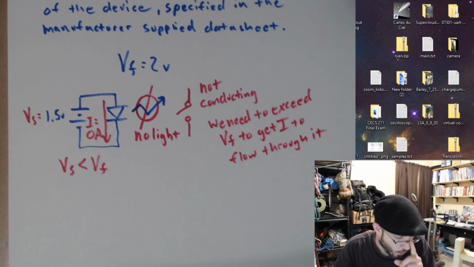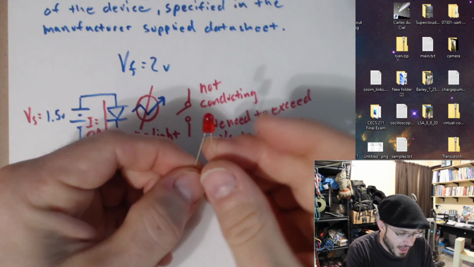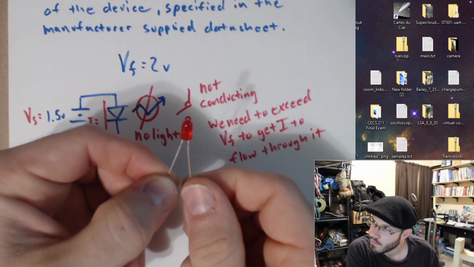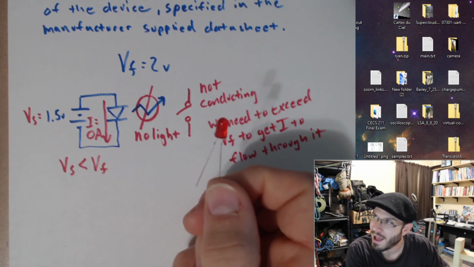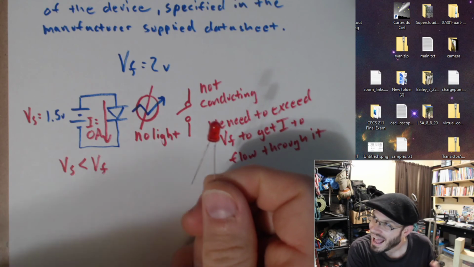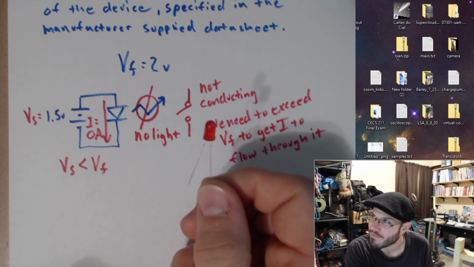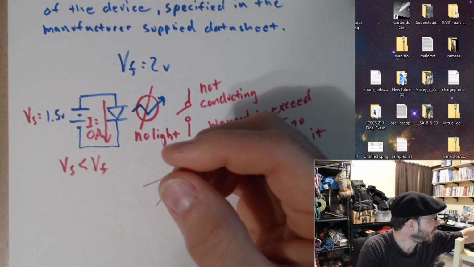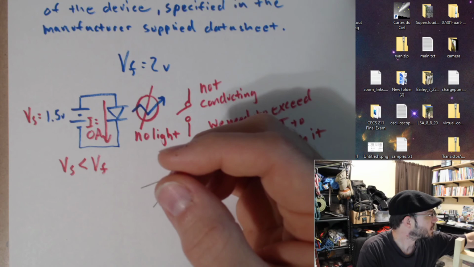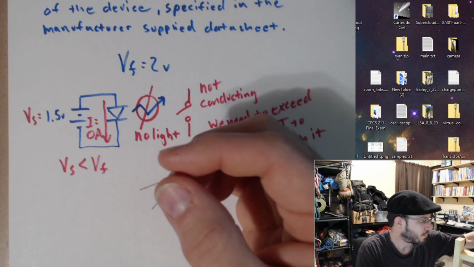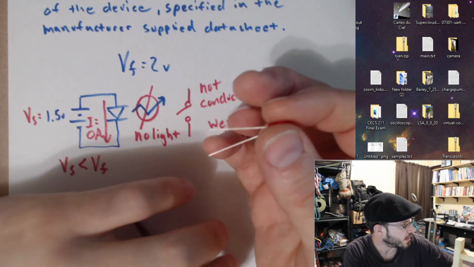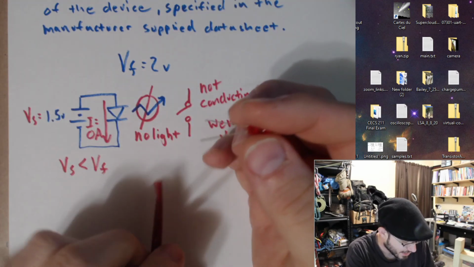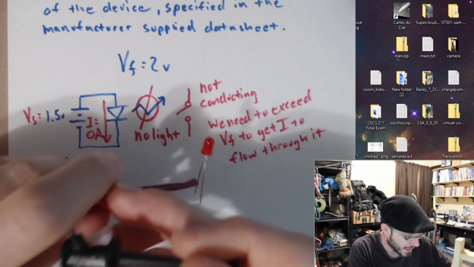Okay, so for example, this diode over here has a nominal forward voltage of about 1.8 volts. I need to exceed 1.8 volts for this diode to conduct. Let's go ahead and, okay, my voltage source only goes down to 1.28, so this actually might still give off some light, hopefully not.